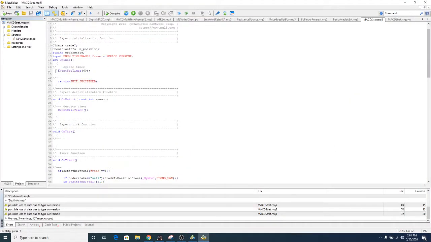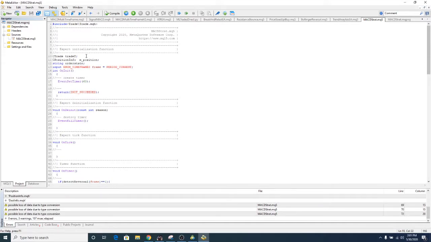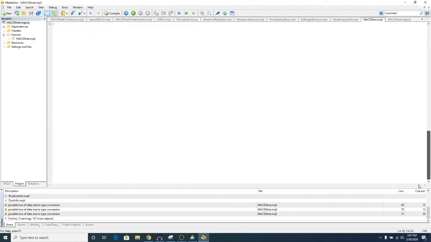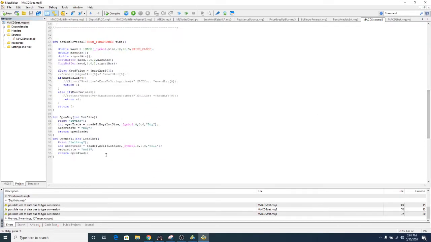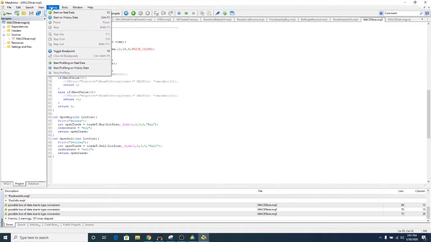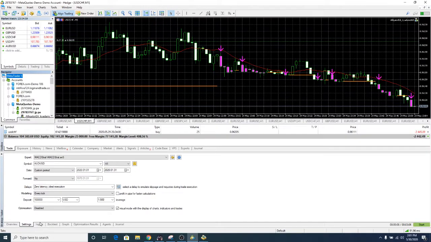Alright, so as you can see, I coded in a nice little thing here to test the strategy in MetaTrader. So what we'll do is go ahead and test it.